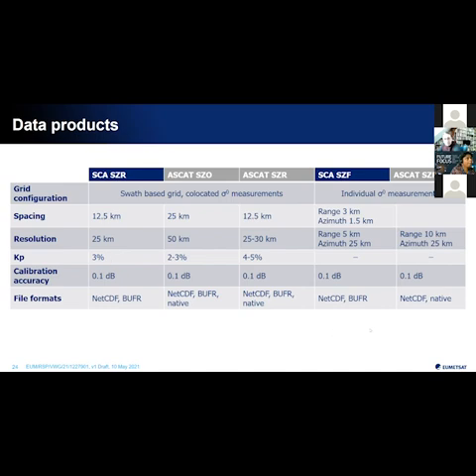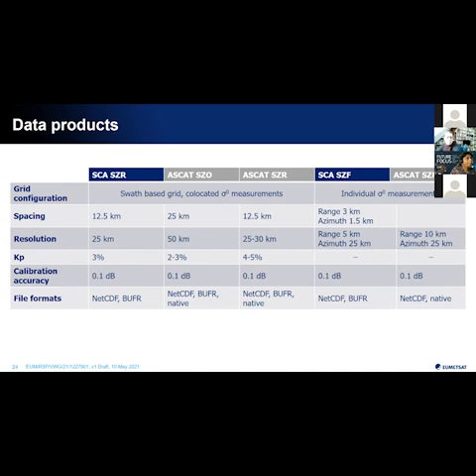The SZF is basically the product where the individual measurements are in their original footprint geometry, so they are not co-registered on a grid.